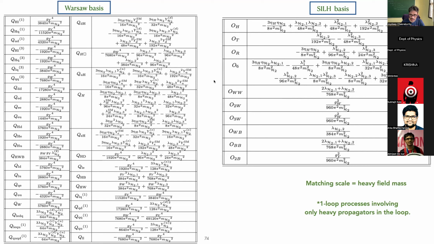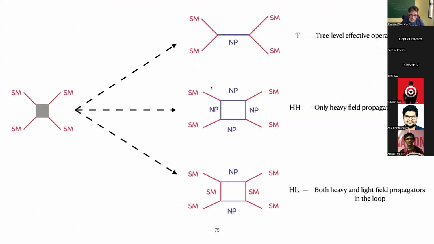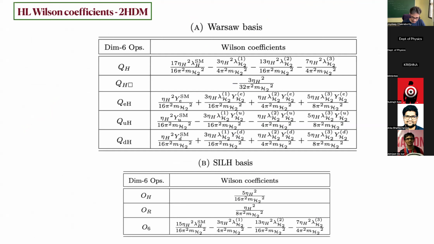Okay. So now, as I told you, this is one loop, but these loops consist of only the heavy propagators. So what about the contribution from heavy-light diagrams? Just to recall, these are called heavy-light diagrams, where in the loop you have at least one light propagator.